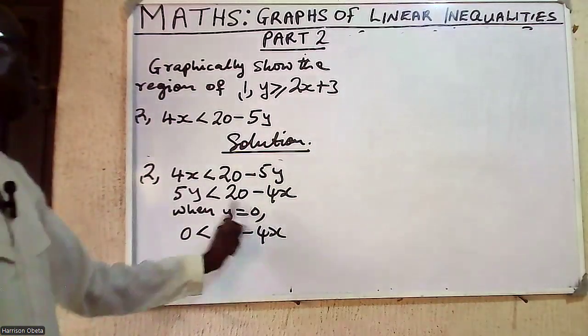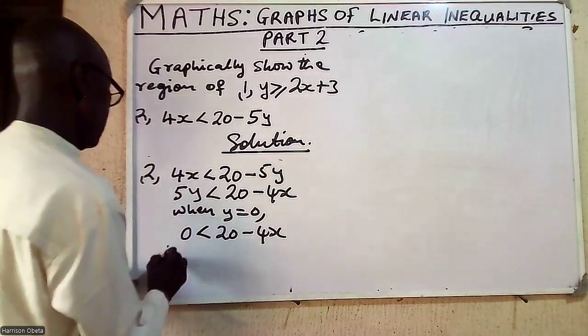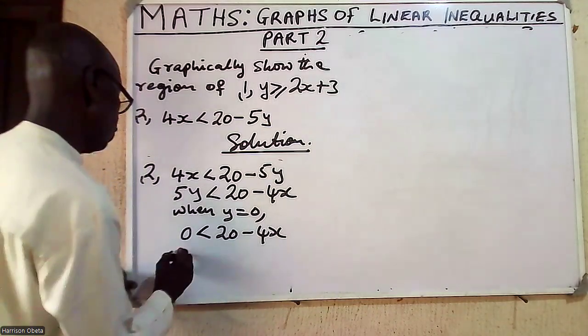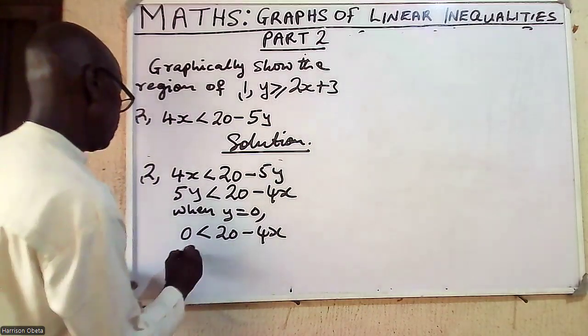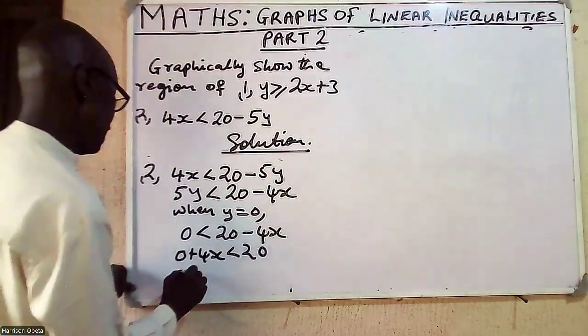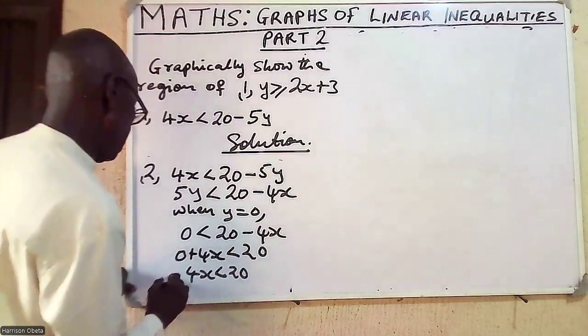Now, bringing this 4x to this side so that we'll be able to find the value of x. That means that 0 plus 4x is less than 20. So that 4x is less than 20.